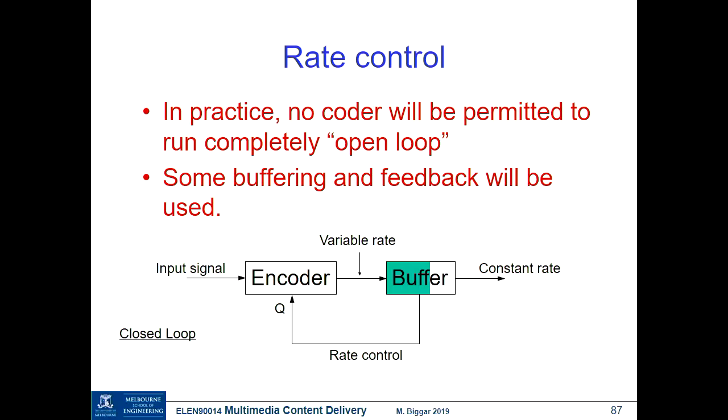So if I was streaming video over the internet, for instance, what do you think would be the case? Changing rate. Yeah, within limits we can accommodate a variable rate, right?